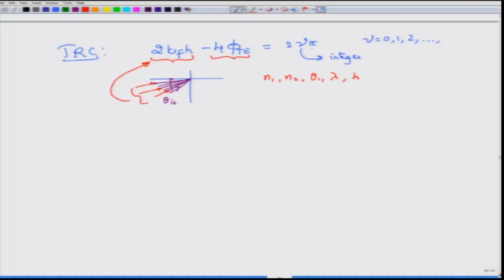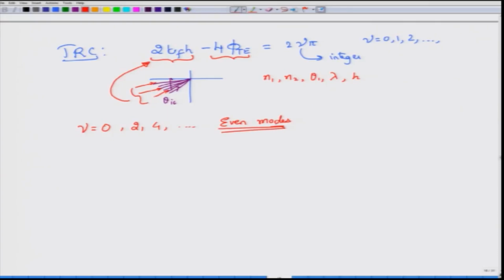Now, let us write down this equation in a slightly different form, assuming the condition that nu is equal to 0, or nu equal to 0, 2, 4 and so on, which we call the even modes of the solution.